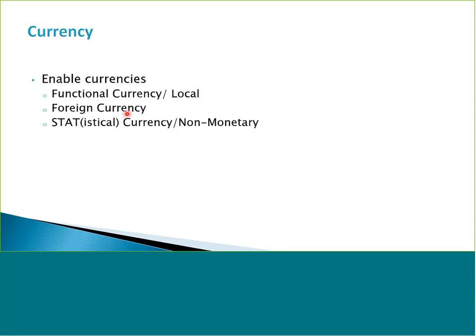Another kind of currency that we have is the stat currency, which in brackets you can see it just means it's the statistical currency. Sometimes companies want to track non-financial information that is important to them. So a company might want to track how many employees it has hired.